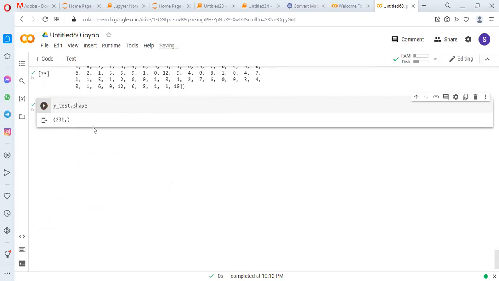So this is the dimension: how many values of the target variable it has.